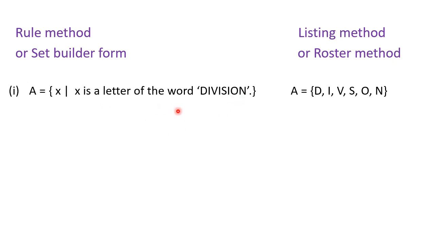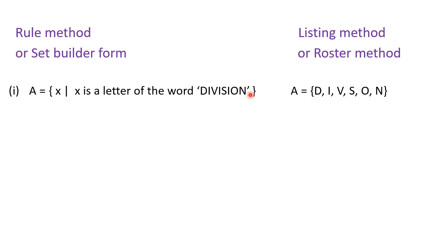And now this same set we are writing in the listing method. So see here, you have to write down the elements from here. As I have said, generally we use small letters, but now here the word is given in capitals, so we have to use capital letters inside. So here the rules may change accordingly. Okay.